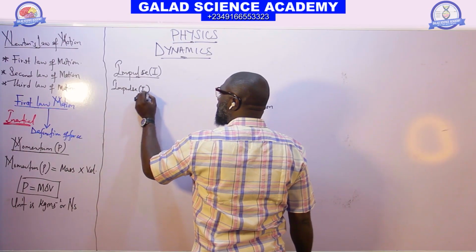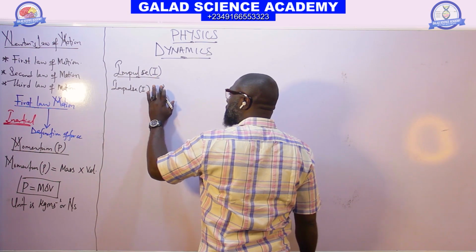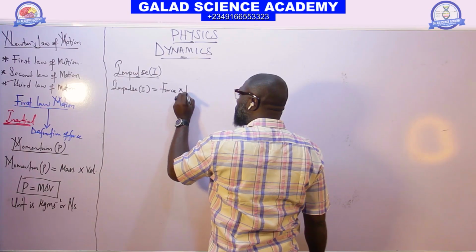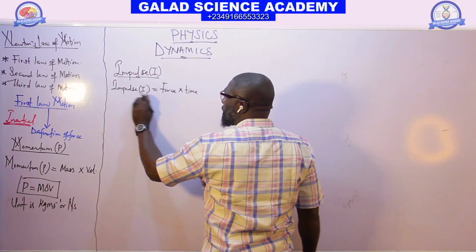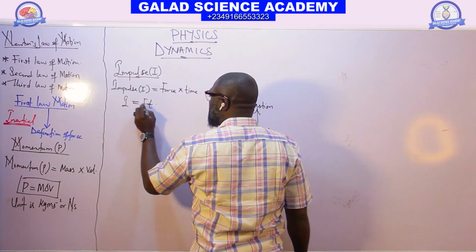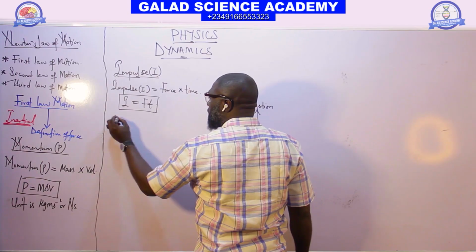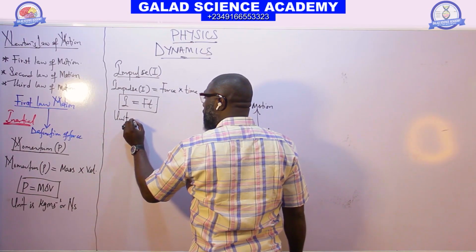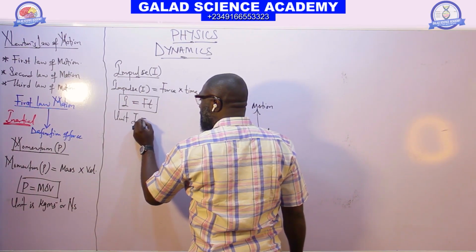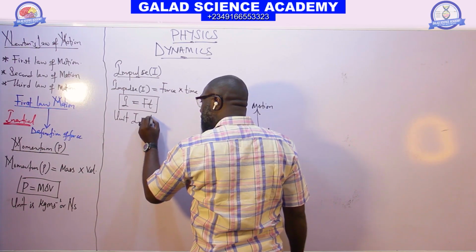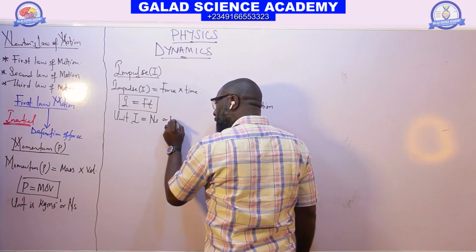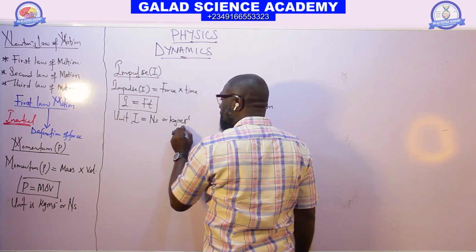I is equal to Ft, where I is impulse, and the unit for impulse is Newton seconds or kg meter per second.